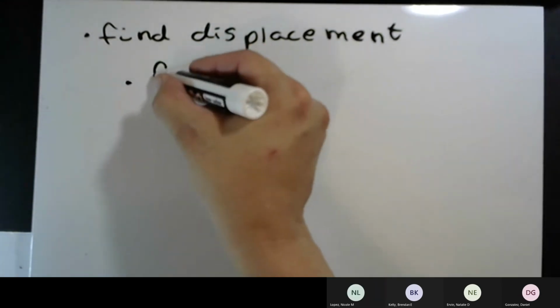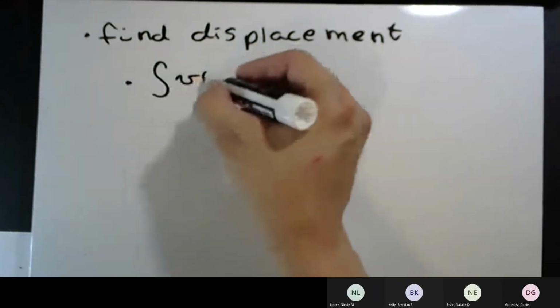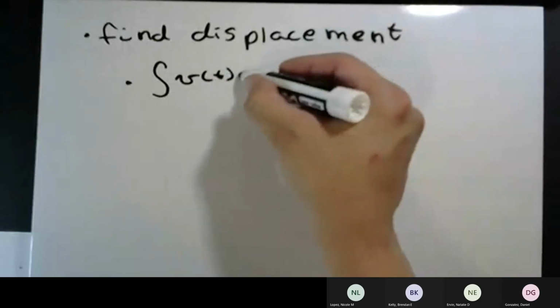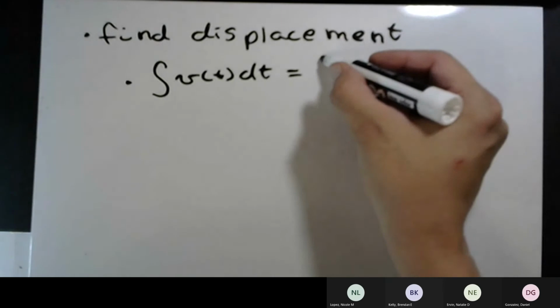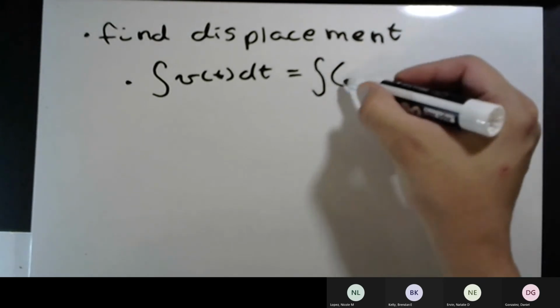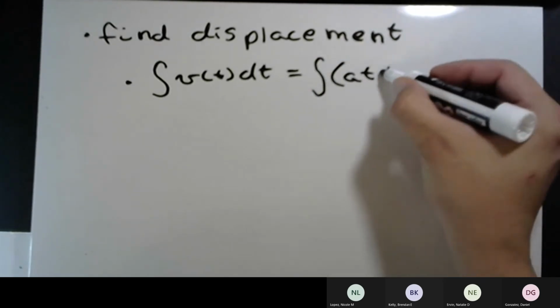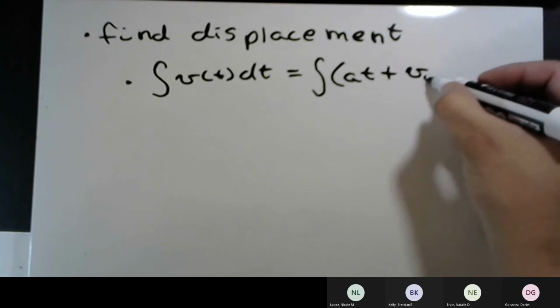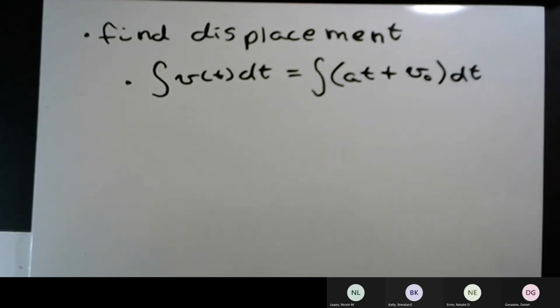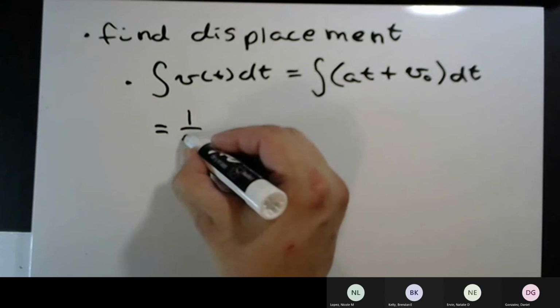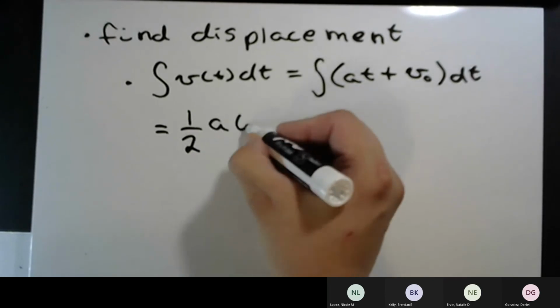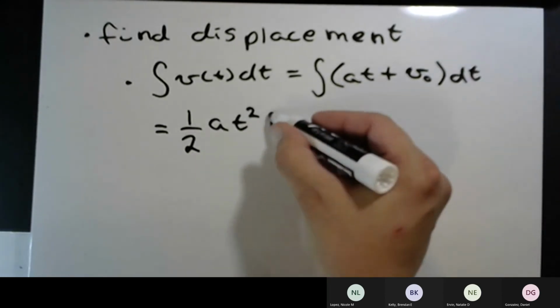So to get the displacement, we're going to integrate the velocity. So what we're going to do, this is going to be equal to, and this is probably not going to be obvious at all just yet.